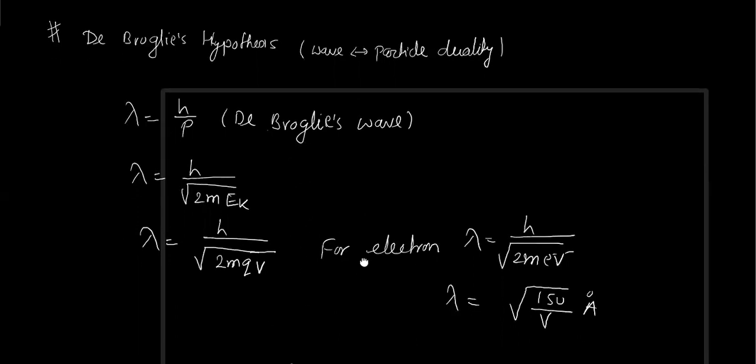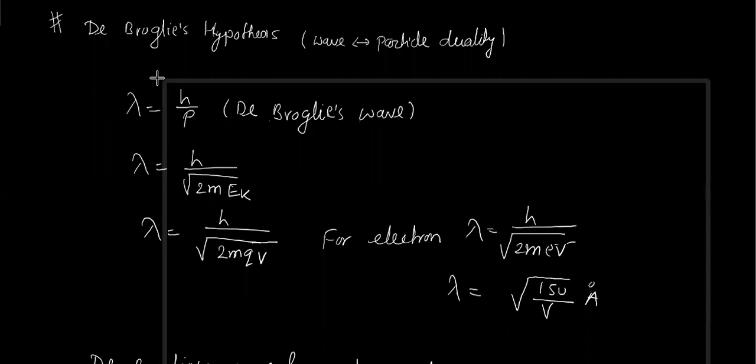Now we are going to discuss the de Broglie hypothesis, or wave particle duality. According to de Broglie, each particle can show wave and particle behavior. The wave associated with any particle is known as a de Broglie wave, and its wavelength is given by h by p.